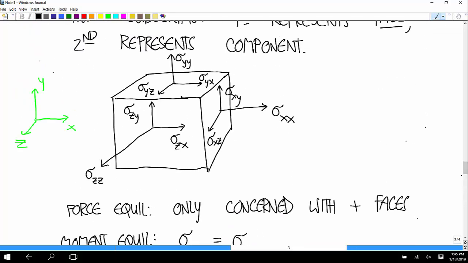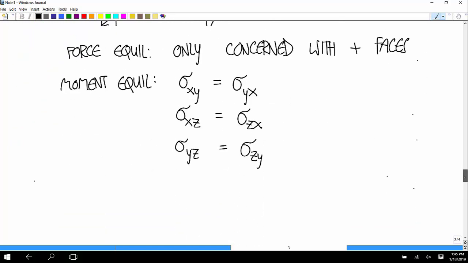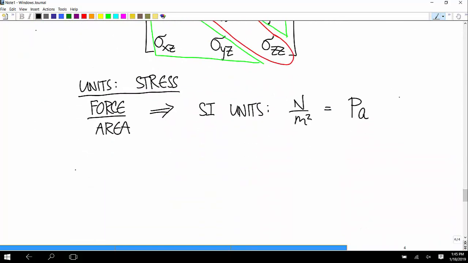Look at this stress cube, and what do those 3 have in common? XX, YY, and ZZ. The other things don't have in common with them. They're all perpendicular to their face. Yep. And so those are called the normal stresses. So the diagonal elements are called the normal stresses.